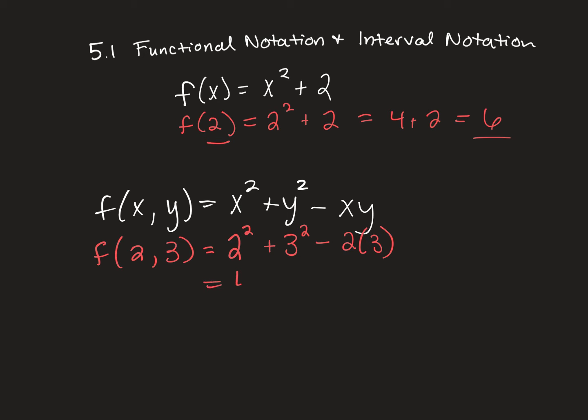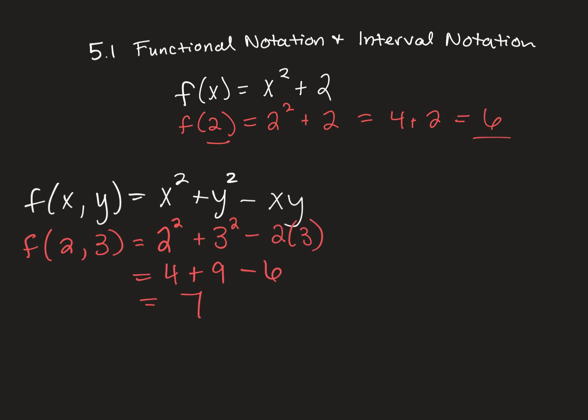So 2 squared is 4, 3 squared is 9, 2 times 3 is 6. So 4 plus 9 minus 6 would give us 7. All right, let's do it again with the same function, but this time let's plug in 0 and negative 1.